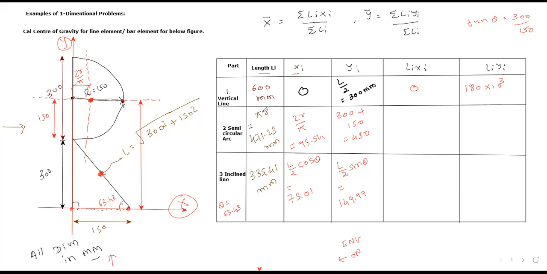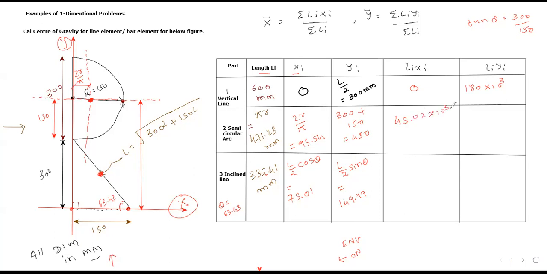Fine, let's do the next Li into xi. For the next element, 471.23 into 95.74. What will be your answer? You get 45.02 into 10 raised to 3.